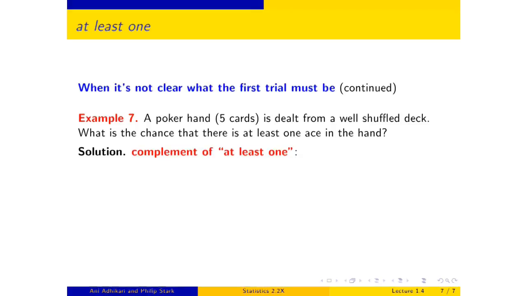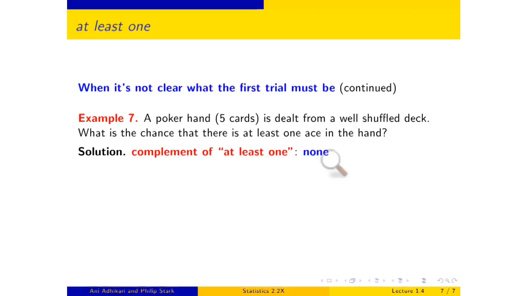You've got a long list. Maybe what's left over is shorter. So what's the complement of at least 1? If you didn't get at least 1 ace, how many aces did you get? You didn't get any. The complement of at least 1 is none. None, 0. Now that's a chance we ought to be able to find. That list is very short, no aces.